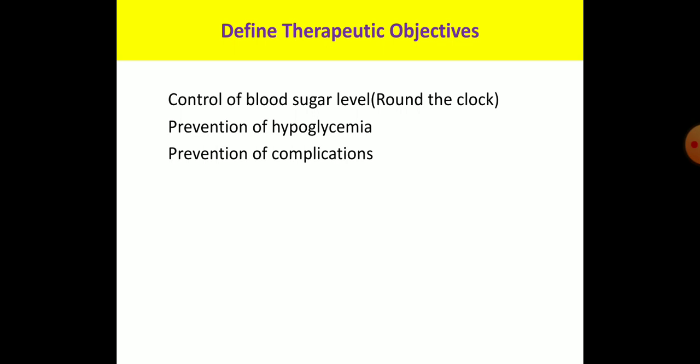And again the same instructions that we have given to the patient in case of type 1 diabetes regarding the diet, exercise, signs and symptoms of hypoglycemia, all these must be educated to the patient. So patient education.